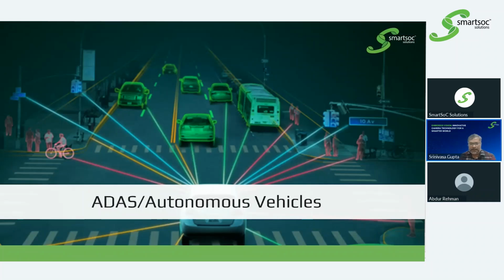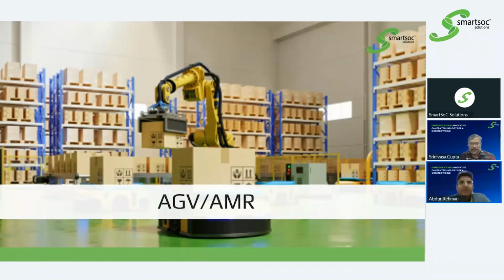Exactly. Understood. So how is the AGV or AMR sector? Primarily, I believe it is in the logistics space. Yeah, guided vehicles or automatic robots and other things. The places and applications are also increasing.